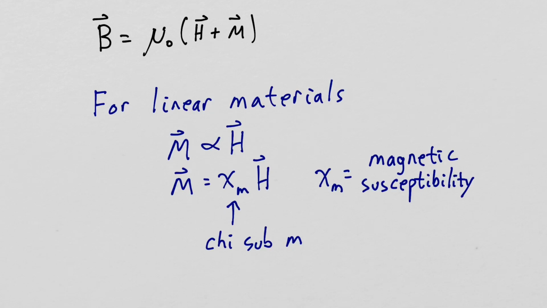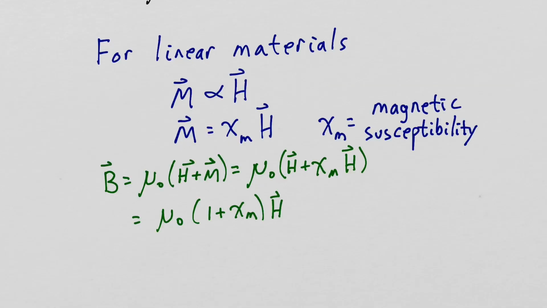So for our magnetization and our general expression for the magnetic flux density field, let's substitute in chi sub m times H. For M, I've substituted chi sub m times H, and now let's factor an H out. And I'm going to call 1 plus chi sub m mu sub r, where mu sub r is the relative permeability.